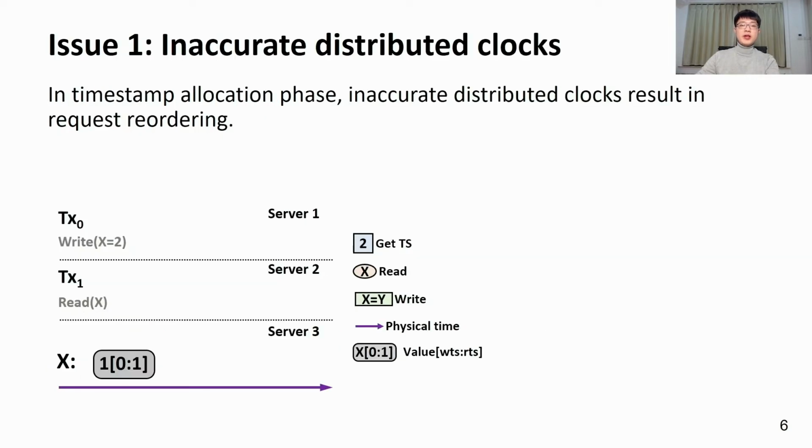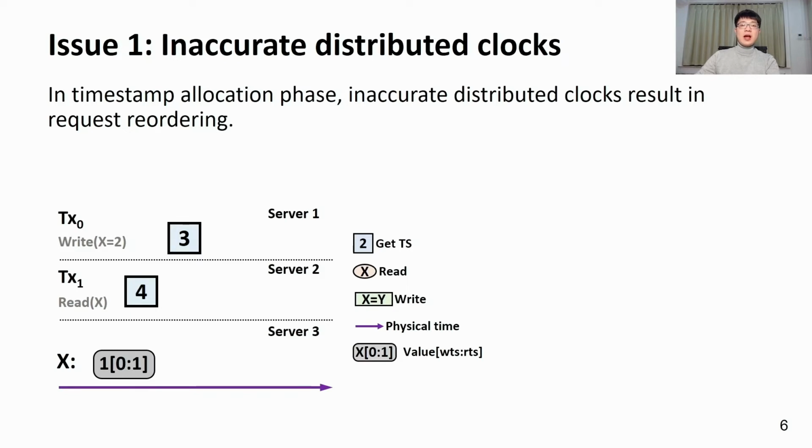Here we introduce the reasons for request reordering in each phase. In timestamp allocation phase, the issue is inaccurate distributed clocks. On the left, we show an example. Two transactions, transaction 0 and transaction 1, access the same record X. However, the order of timestamps that two transactions obtain is not consistent with the physical time order.